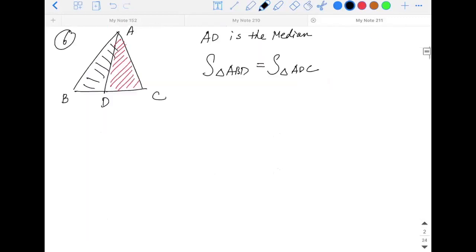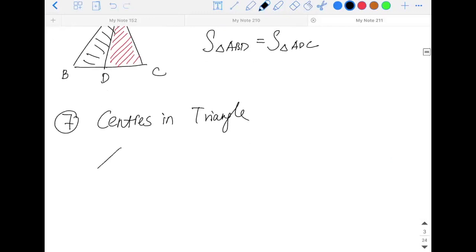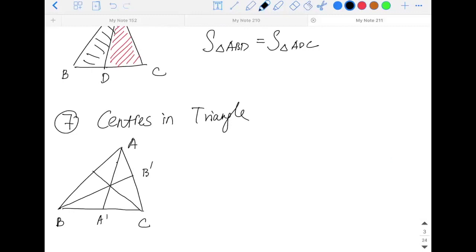Number 7 is saying some important centers in a triangle. Let's say I have a triangle ABC, and I want to make the bisectors of 3 different angles, meeting the opposite sides at A prime, B prime, C prime.